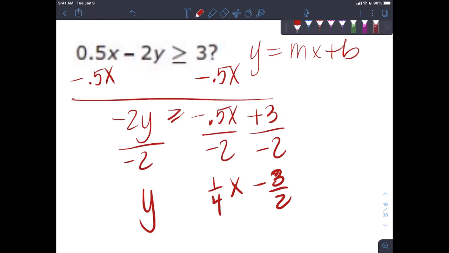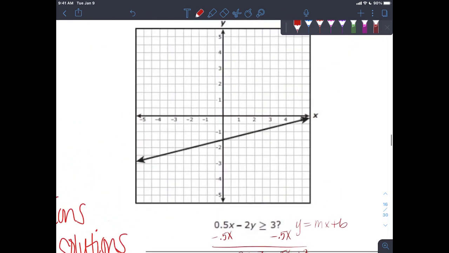I asked myself, did you multiply or divide on both sides by a negative number? I did. Therefore, my symbol is going to change direction. This graph should be read as y is less than or equal to 1/4 x minus 3/2. Now, that tells me that this line should be solid and that I should shade below.